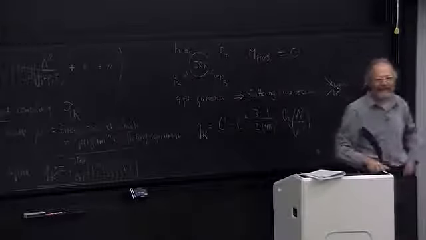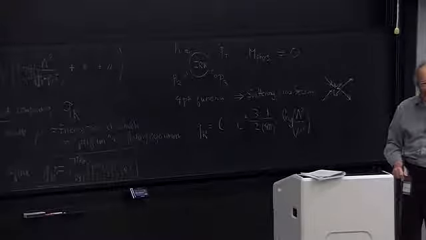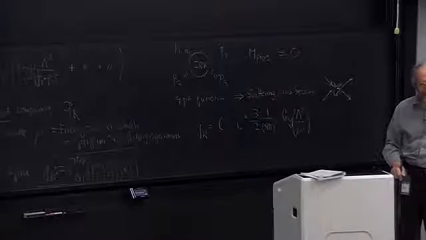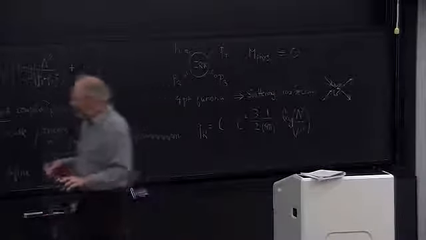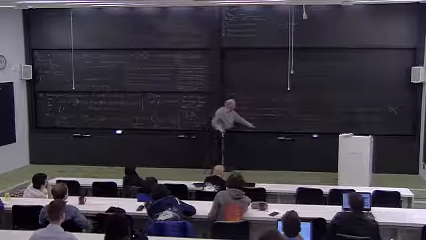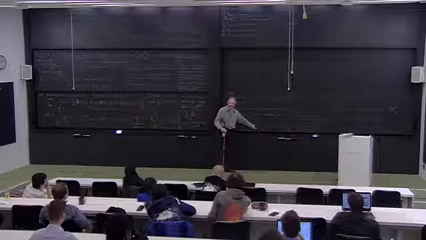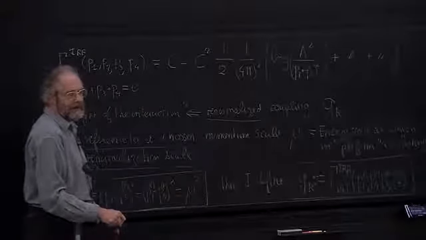Yes? No, what are you choosing first? Are you choosing the mu first and then getting the momenta out of it? No, I am choosing mu, and then I am choosing a momenta which satisfies this condition. So mu is already fixed. I choose mu, and then I choose P that satisfies this condition.